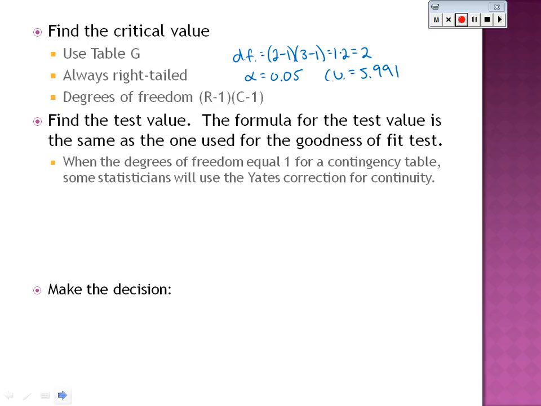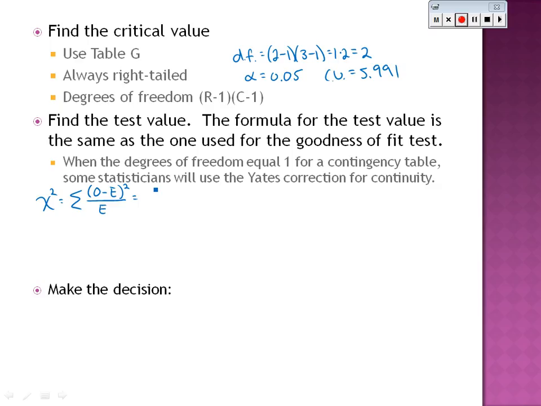So our formula: we add up our observed frequencies minus our expected, we square each of those, and then we divide by our expected. Now you can, if you want to, do that with lists like we did last time, but I want to show you how to use the matrices to get what you need. So you can do all these by hand.